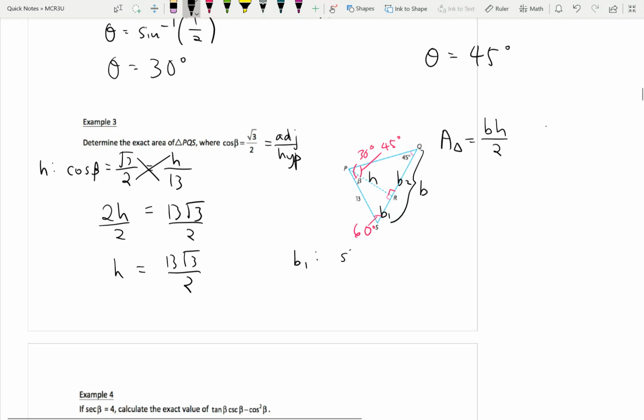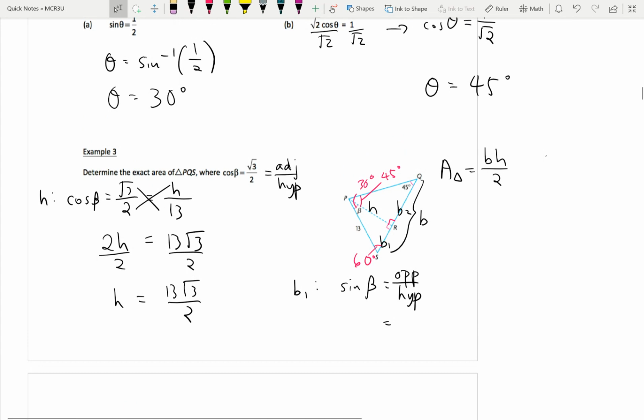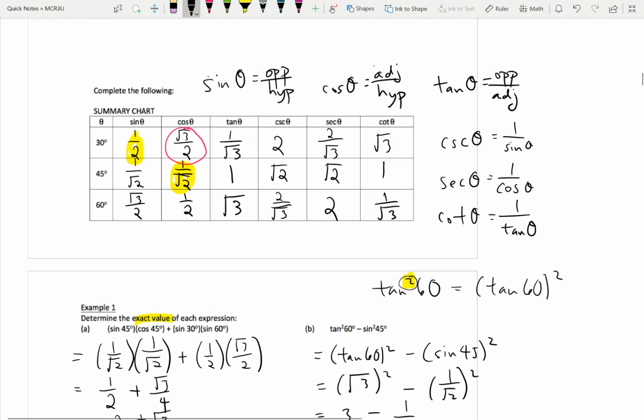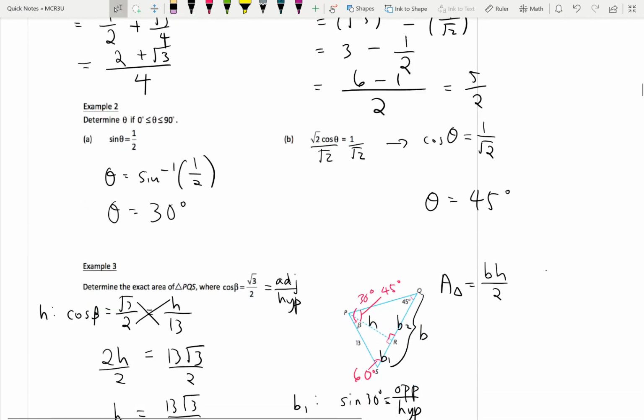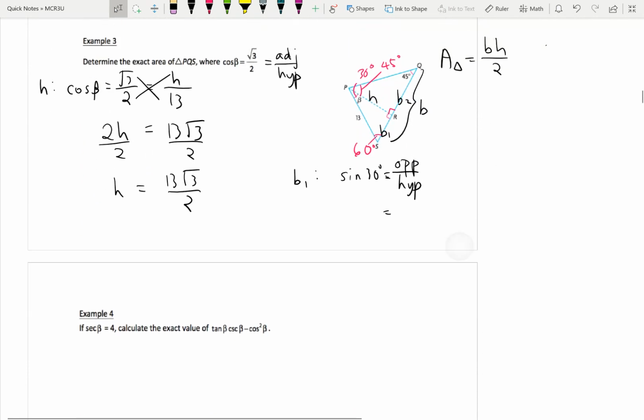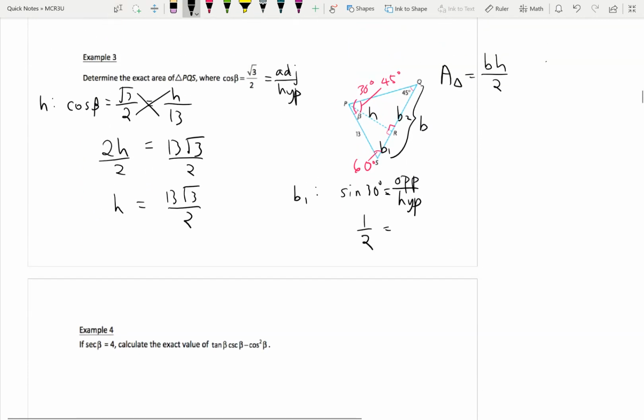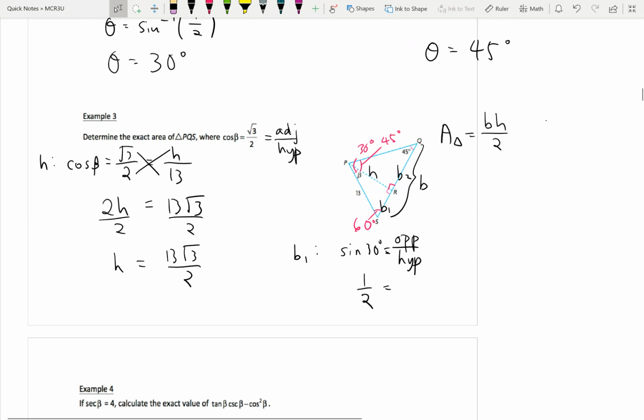So I'm going to use sine beta, and I'm going to make a note that it is equal to opposite over hypotenuse. Okay, so sine 30, I'm going to put 30 here. Sine 30 is, on my chart, 1 over 2, right? So that means I'm going to put 1 over 2 here, because I know they're equal to each other.